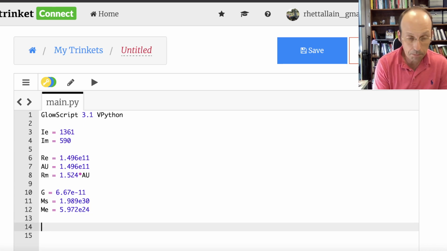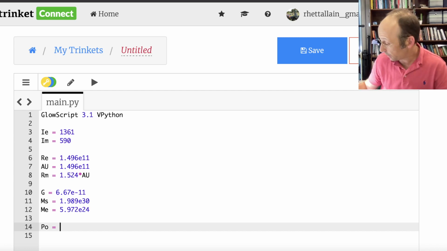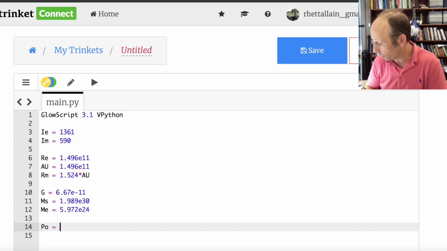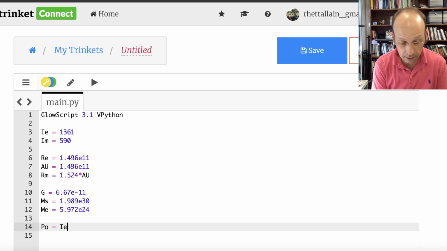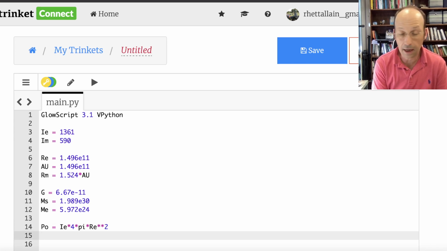So we can do it either way. I can say PO equals, just like I said, IE times 4 times pi times RE squared. And then I can say IMM, I'm going to give it a different name. That's the intensity at Mars.